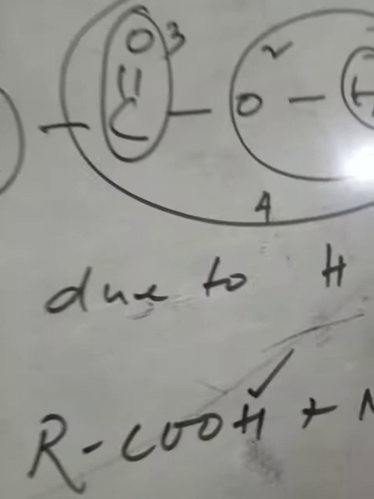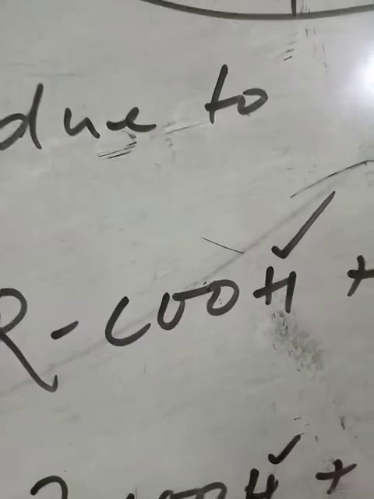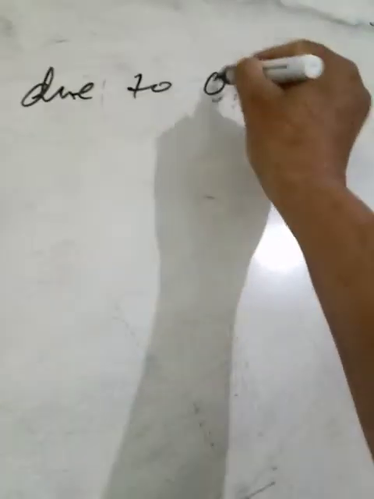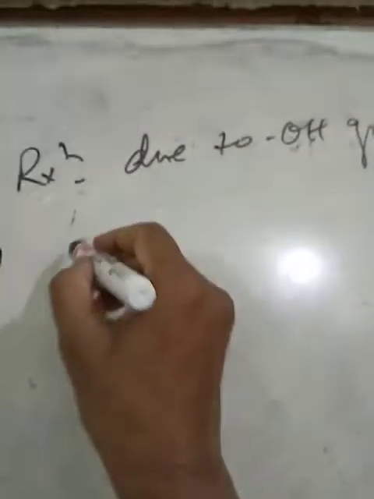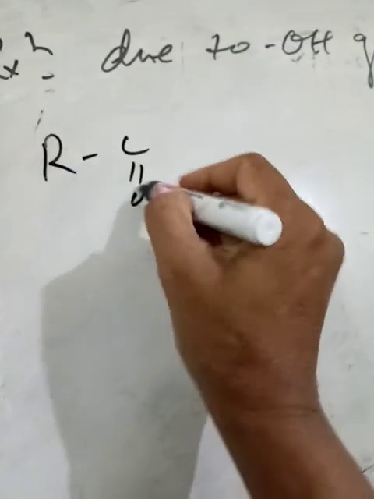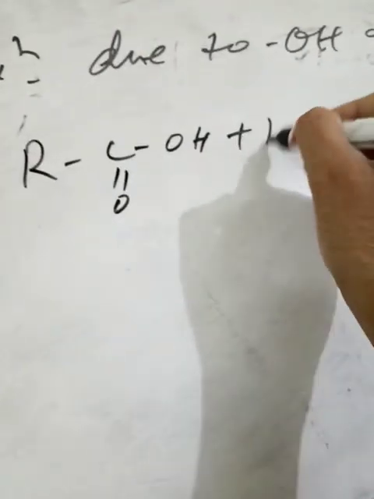Now we will see the reactions due to OH group. Number 2, reactions due to OH group. Number A, say RC double bond OH plus PCl5.